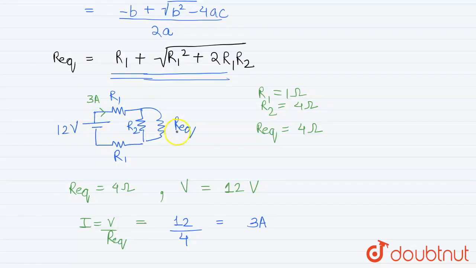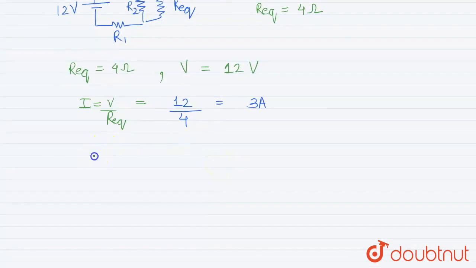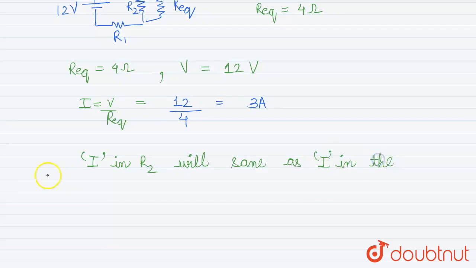Now R2 and R equivalent are equal. R2 is 4 ohms and R equivalent is also 4 ohms. So the current will divide equally. So I in R2 will be same as I in the R equivalent.